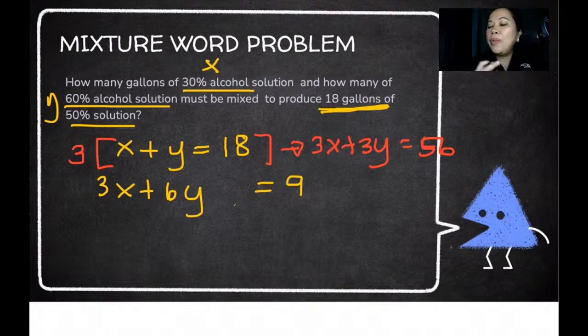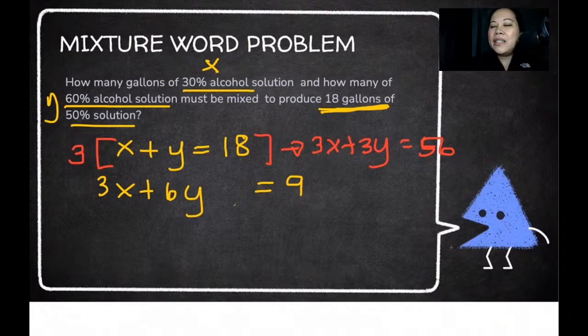Okay, I hope that I was able to simplify how to create equations. I'm not trying to solve here, I'm just showing you how to create equations so that you will be able to solve word problems with simultaneous equations. So first thing that you have to do is identify what would be your x and what would be your y. And then you multiply your x and you multiply your y accordingly to what is given.